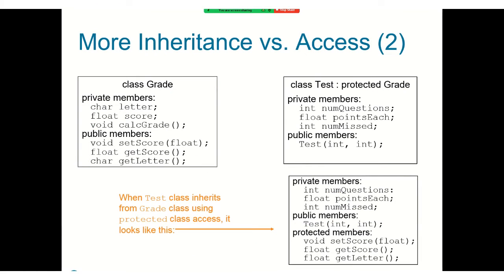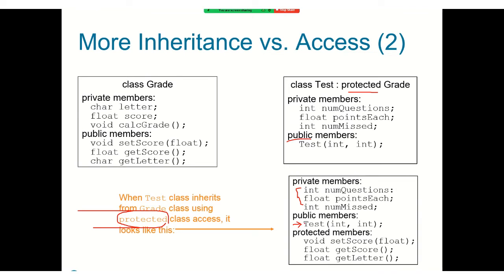Now, if you inherit the same class, with the same relationship, but you use the protected class access, so that means you did it in this way here, then what happens? Your private members will be the same. Public members will be, of course, test, because it is public here.